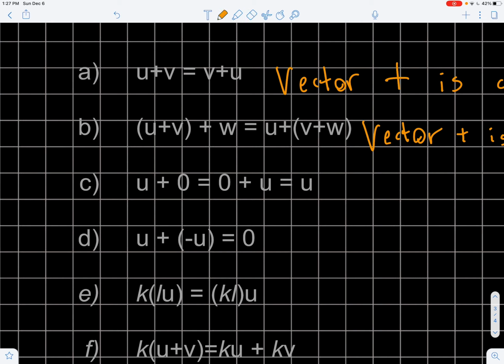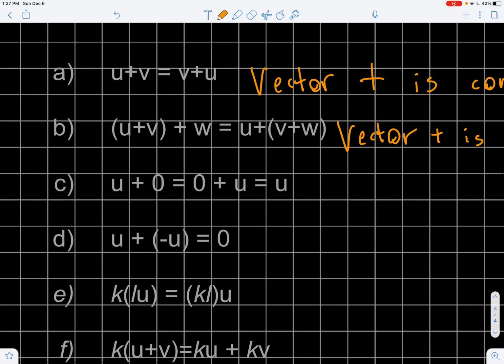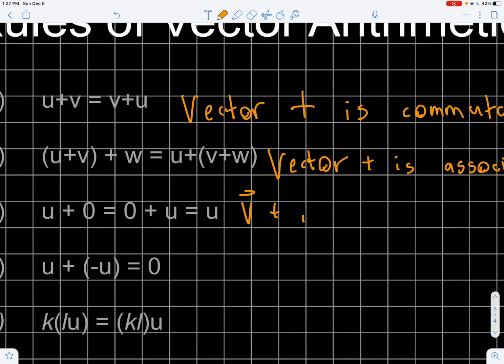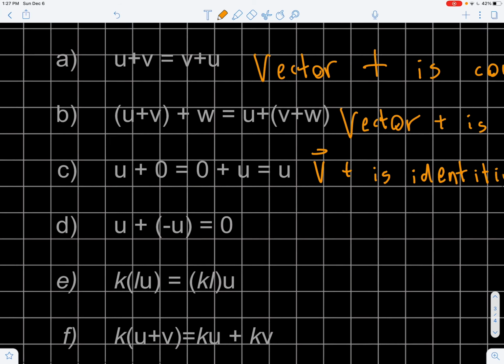So u plus the zero vector is the same thing as the zero vector plus u, which is just u. So vector plus 0 equals the vector. I'm going to just do it with the fishhook. Vector addition is identitive. Just like 1 plus 0 is 1, vector addition is identitive. If I can spell it right.